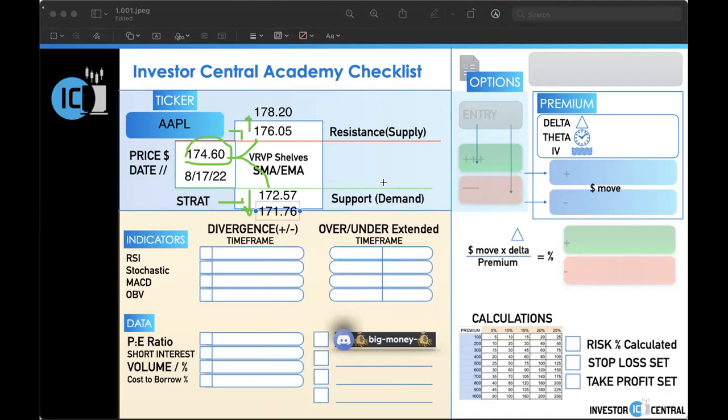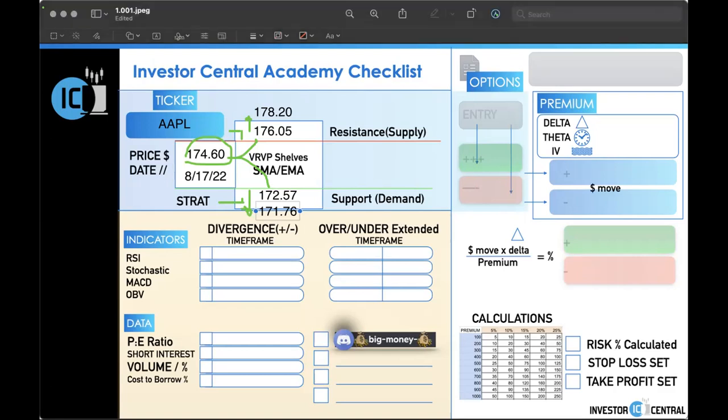Resistance, so on the chart, there is the resistance 176.11, 176.11, 176.59.